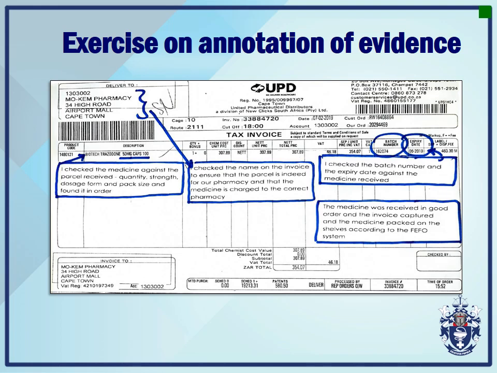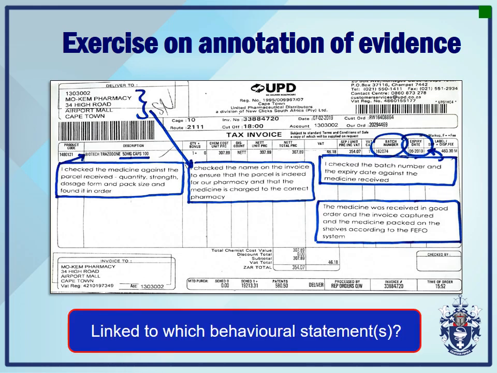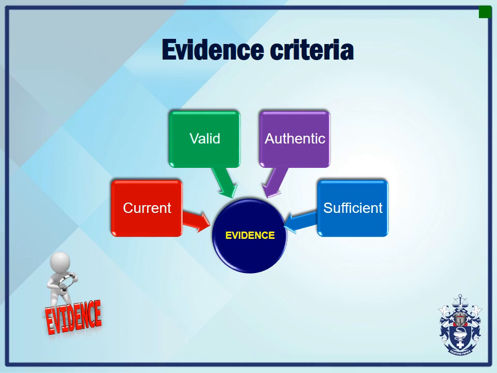It's not purely a labeling exercise, but provides detailed information. Try to see how you could figure out which of these statements are linked to the behavioral statements within your domain and the competency you've selected.